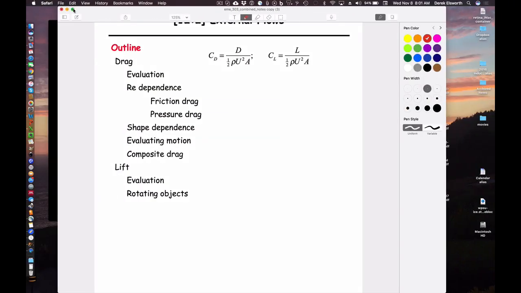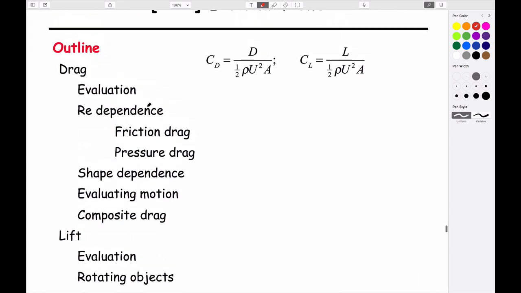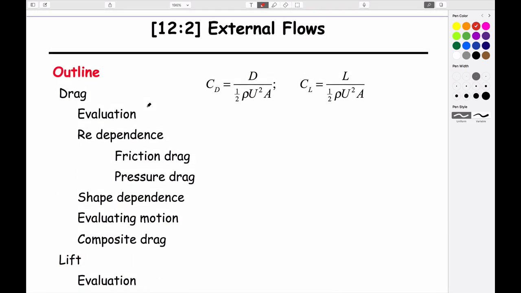So the material today is still to look at external flows, and the characteristics of external flows aren't so different from what we talked about in terms of dimensional analysis. In dimensional analysis, we made the case that first of all we want to have what we call geometric similitude.